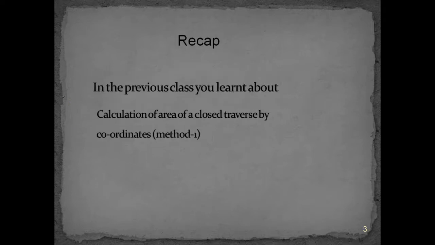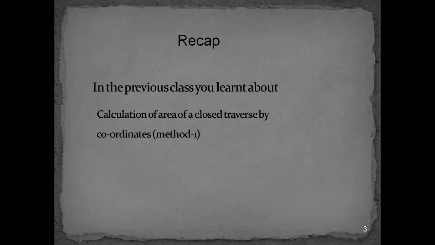As I said, in our previous class we saw the calculation of area of a closed traverse by coordinate method, and we saw some of the errors in theodolite surveying. We also saw the rules, like the Bowditch rule and the transit rule.